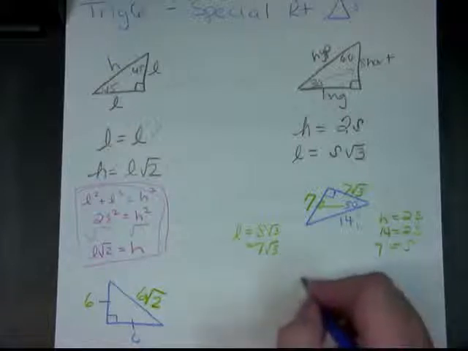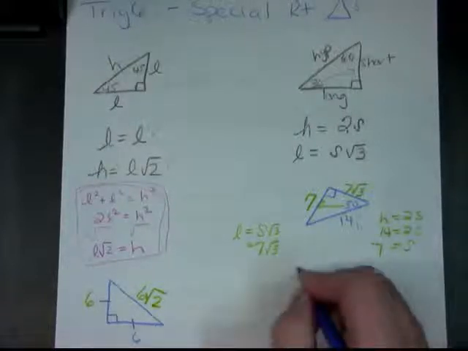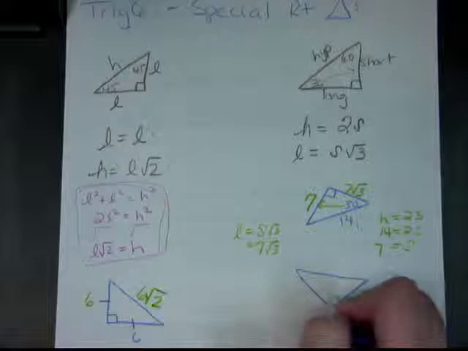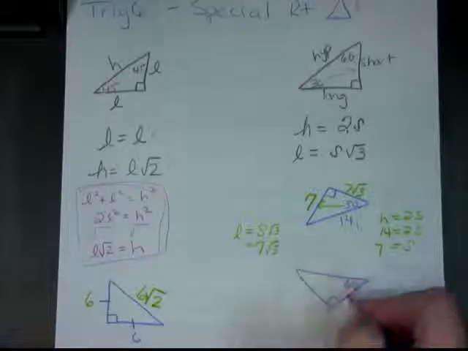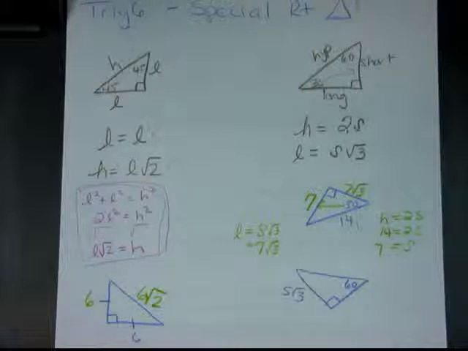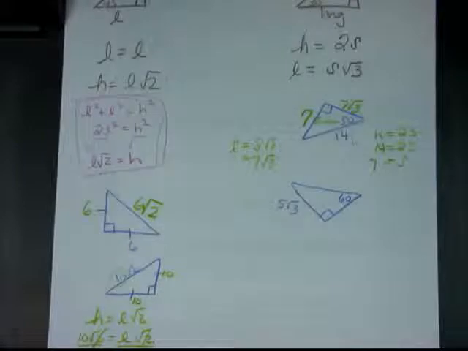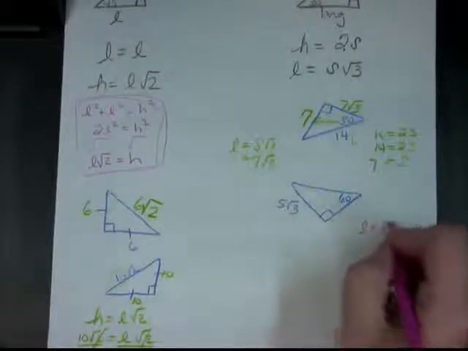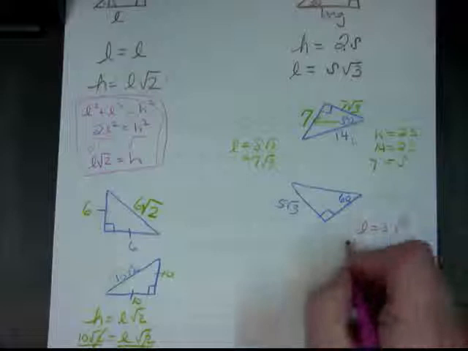All right, let's try another one. There's my 90. There's my 60. And across from the 60 is 5 root 3. So if you're asked to find the other sides, we know the long side is the short root 3.